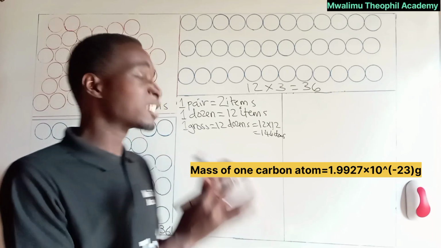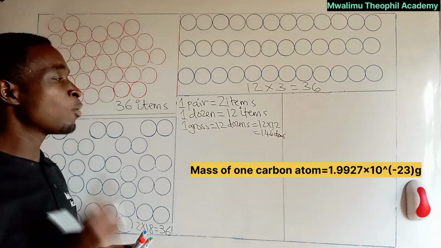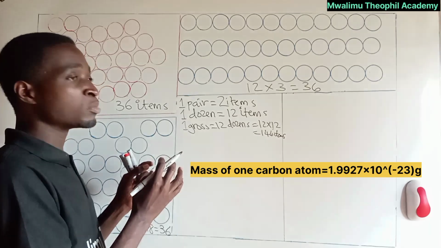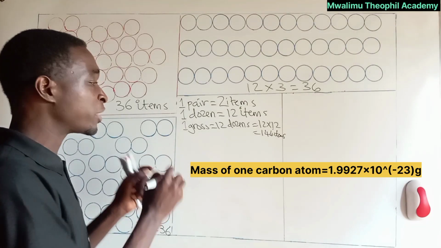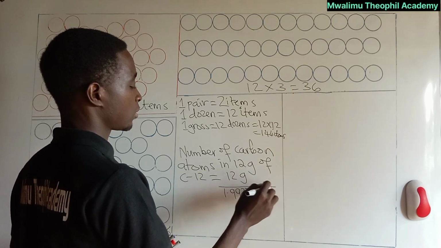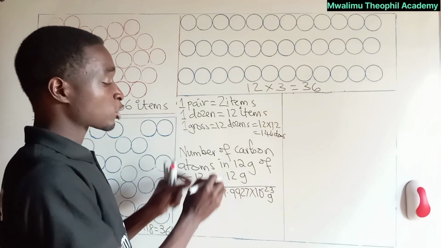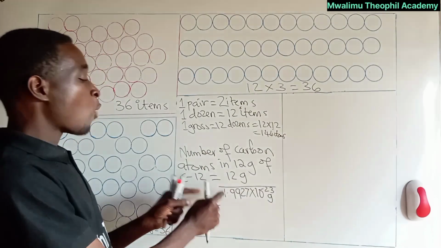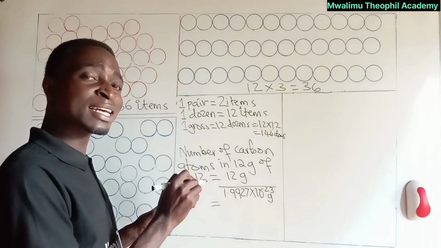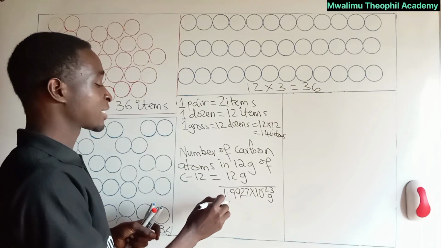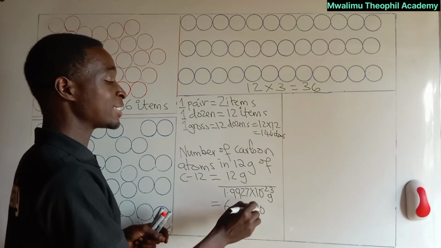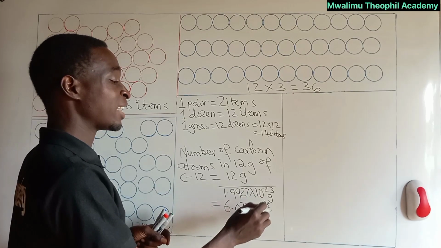Now, let us see what they got in 1 mole of a substance. The number of carbon atoms present in 12 grams of carbon is equal to 12 grams over 1.9927 times 10 raised to negative 23 grams, and you get 6.022 times 10 raised to 23 atoms.